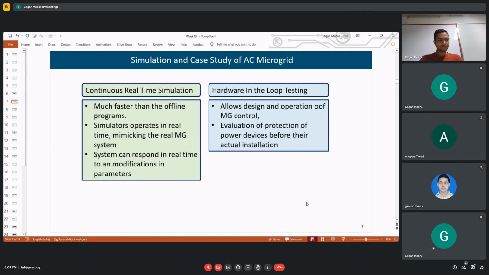Suppose we are trying to implement any protection strategy or a new inverter, install a new solar or wind farm, or create an entire AC or DC microgrid or hybrid AC-DC microgrid and integrate it to the existing system.